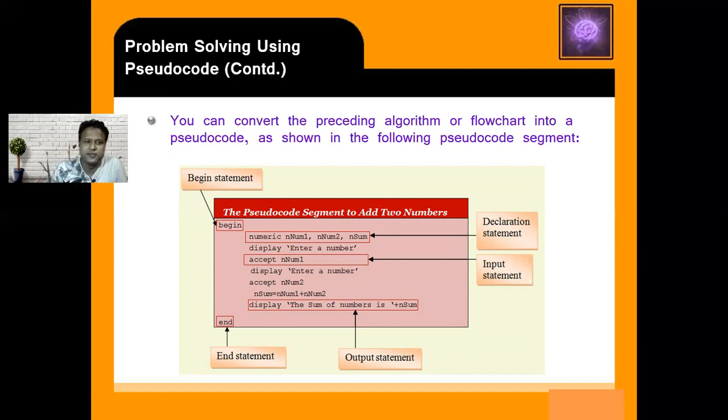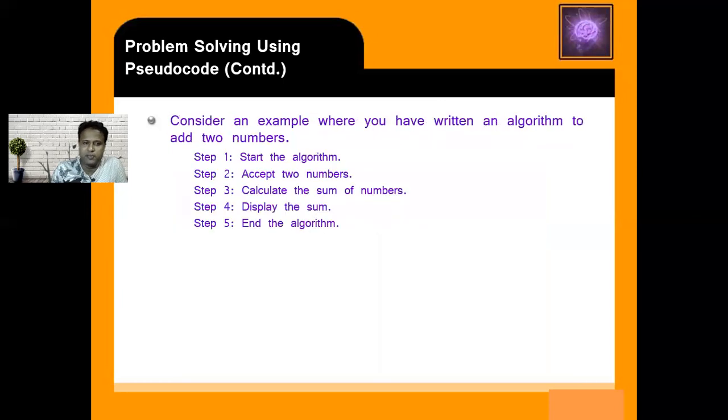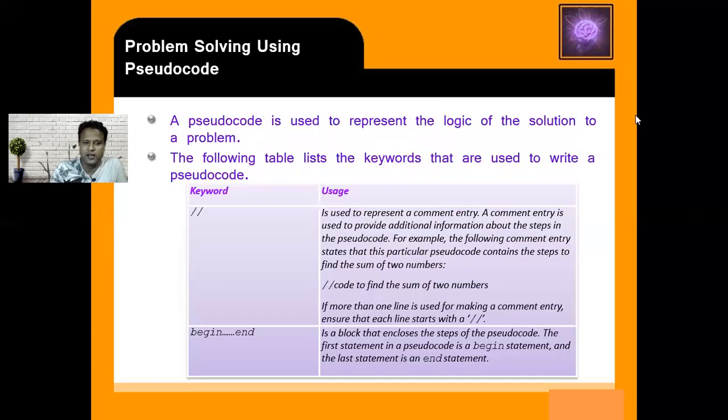Yes, the pseudocode starts with begin and ends with end. If you see the earlier part, we mention begin and end there. That is a block that encloses the steps of the pseudocode. The first statement of the pseudocode is the begin statement, and when you end the part, we use the end statement. Okay. Yes, sir.